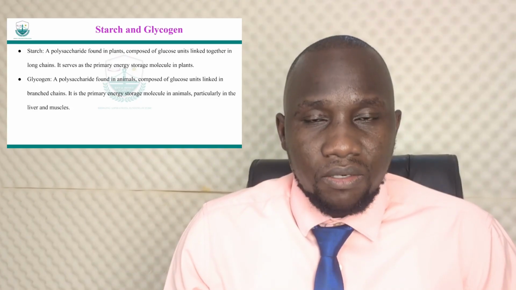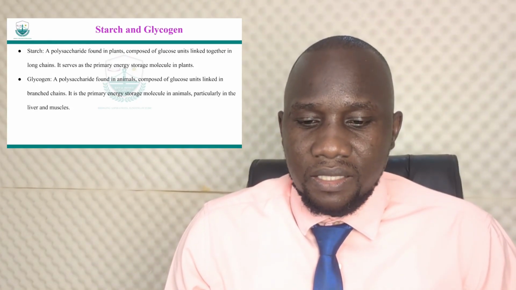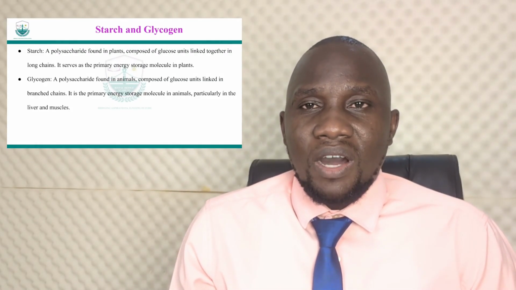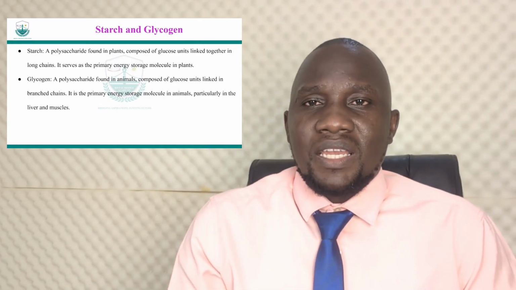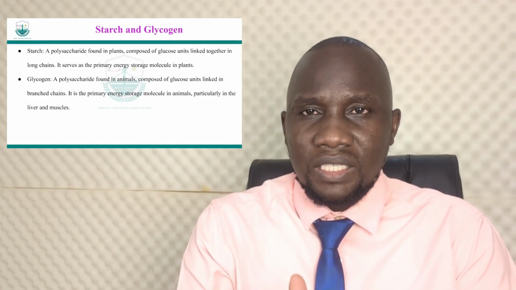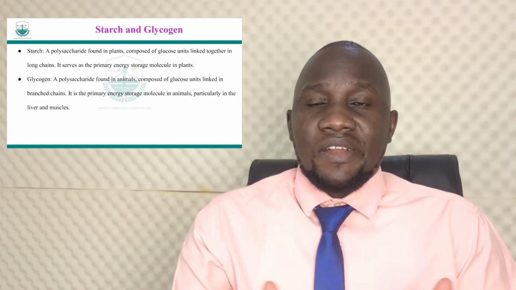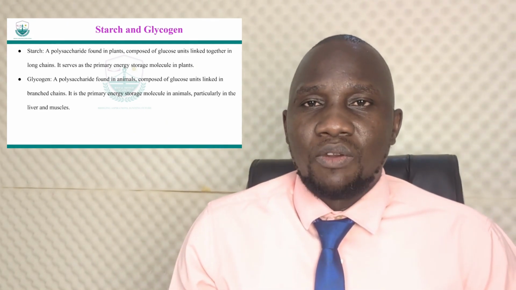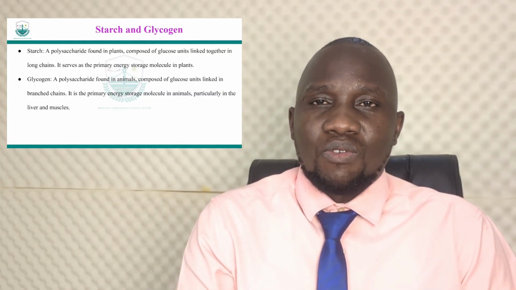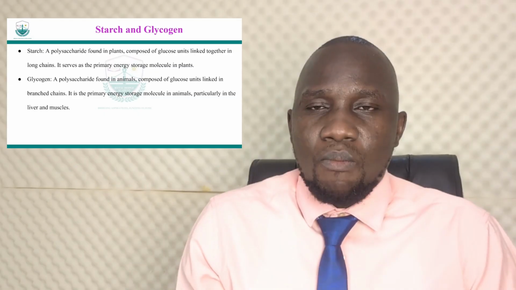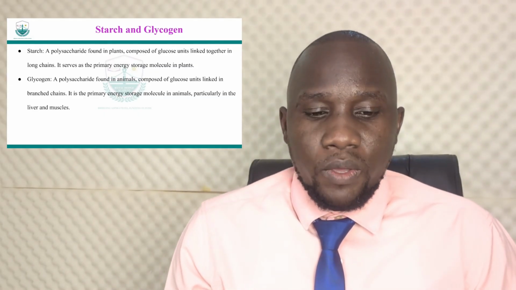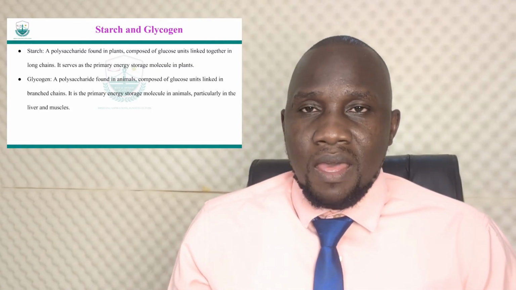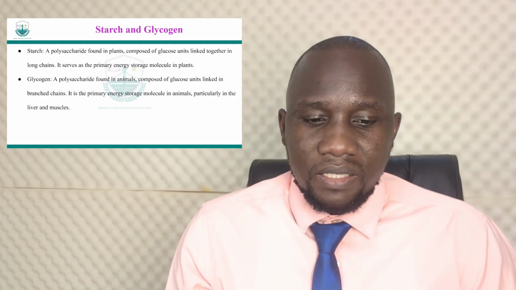Like I said earlier on, starch is the storage form in plants, and it's a polysaccharide. The meaning of that is that the carbohydrates, the complex ones especially, are made as a result of the combination of small units that we call monomers to give you a very large unit that we call a polymer. So a polysaccharide is that large carbohydrate that is formed as a result of many monomers combining through polymerization. So starch is a polysaccharide, very complex, with many monomers, and it is found in plants.